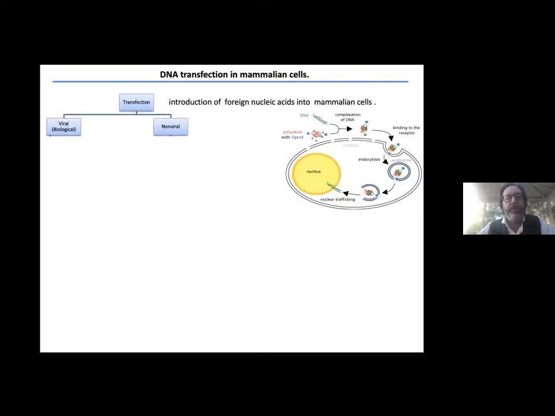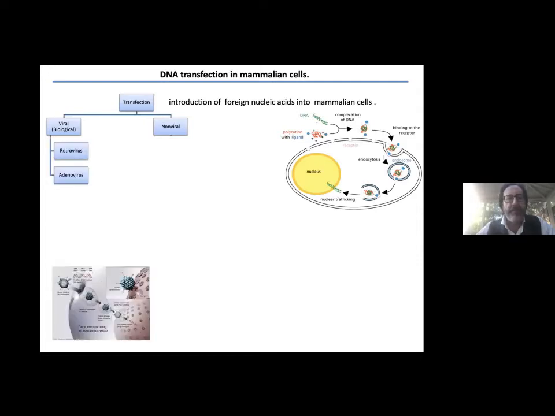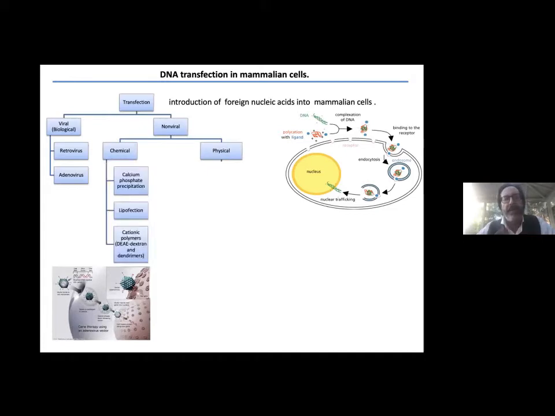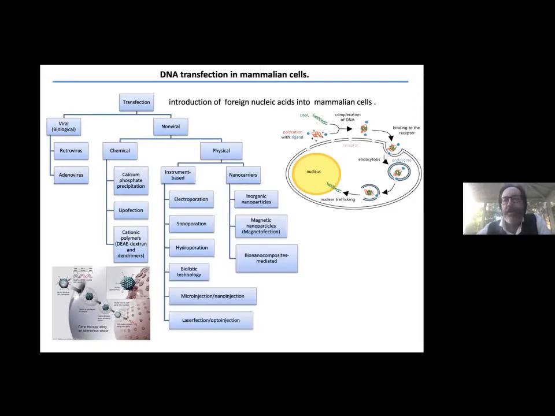Most can be divided into viral and non-viral methods. With viral methods, you can imagine there is some concern, some problem because you use viruses. With non-viral methods, we have chemical methods and physical methods. But one of the issues is that we need to have a balance between efficiency and toxicity.